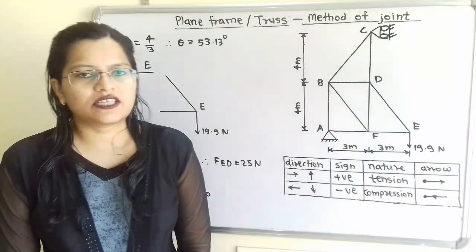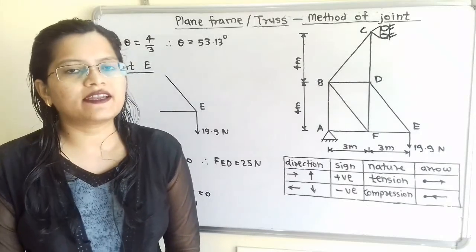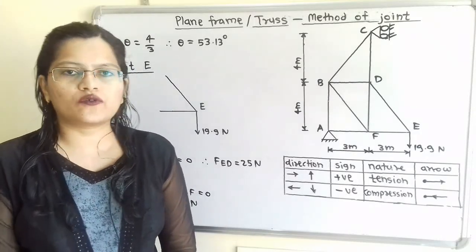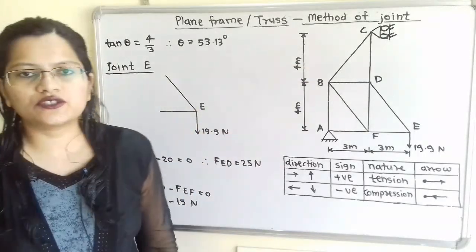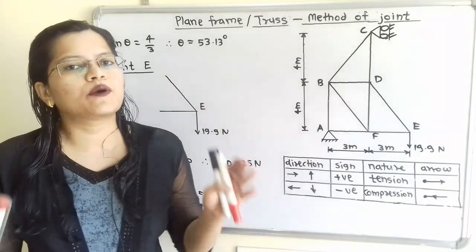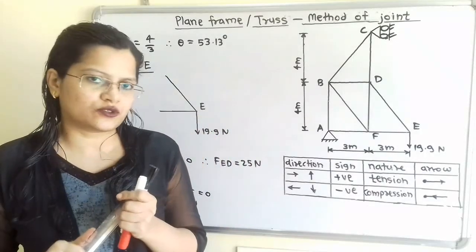Now what is the first step? The first step is to find the joint with two unknown forces. So in this question, if we observe all the joints, we will find the number of forces related to each joint.